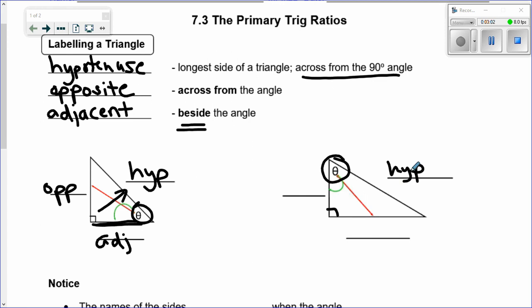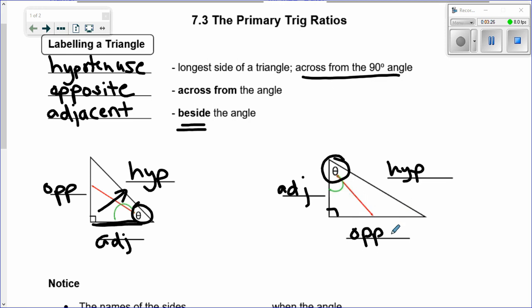As always, if you need a little more time, pause it. I'm just going as though you had time to think about it. Videos can be long enough as it is. The side across is opposite, and the side beside it is adjacent. Now, what a lot of people do is what I just did. You guys are all comfortable with the hypotenuse, so that usually is the first one that gets named.